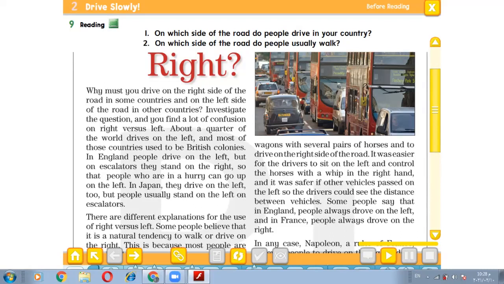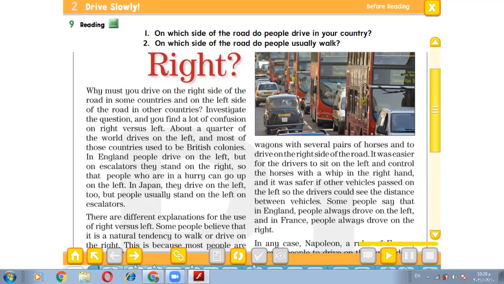Investigate the question, and you find a lot of confusion on right versus left.